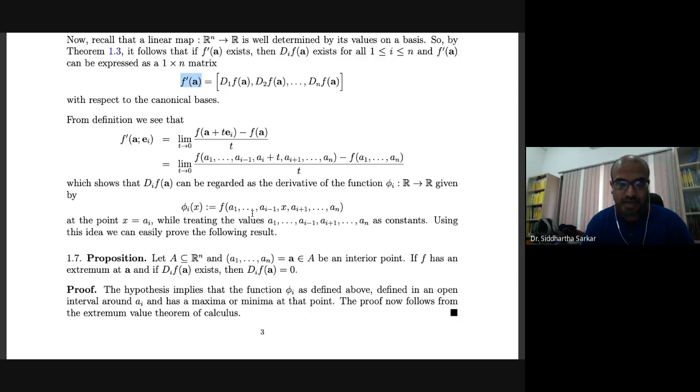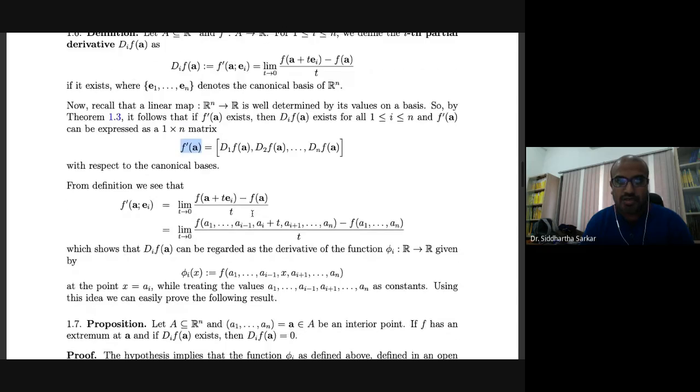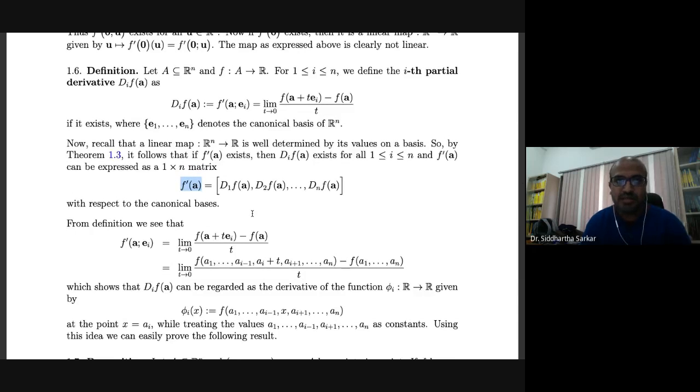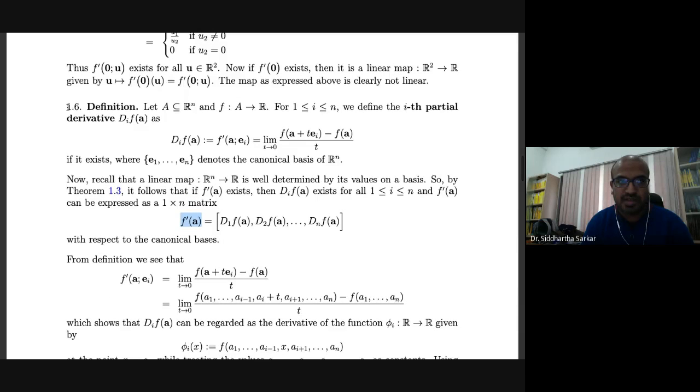I want to mention one of the immediate applications of these partial derivatives. Remember, the definition is: I have a real valued function, and the ith partial derivative is the directional derivative of this function in the direction of the axis ei.